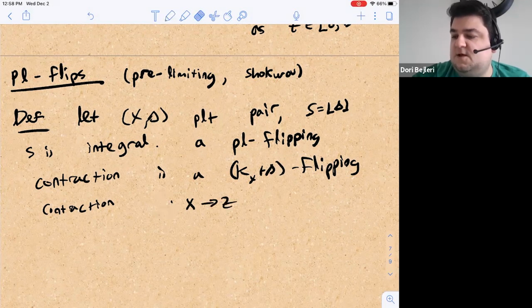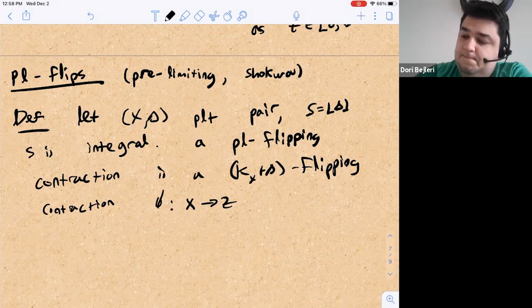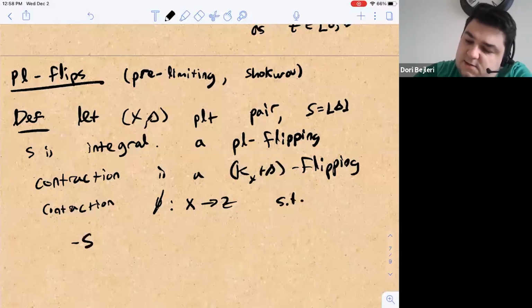Well, let me call it phi, not f. So we're contracting a K_X plus delta negative extremal ray such that minus S is phi-ample.